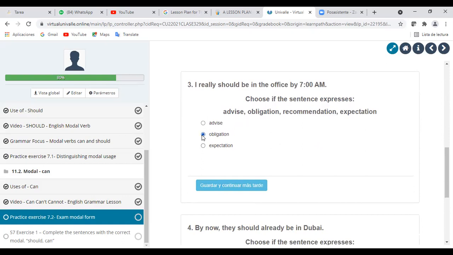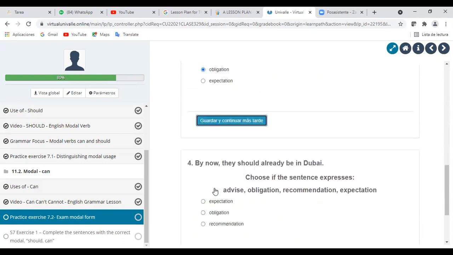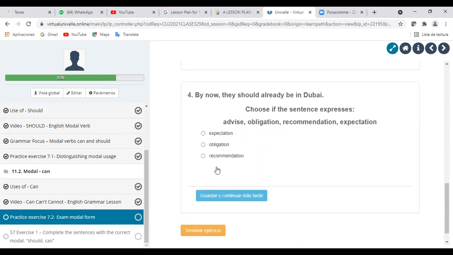This is, let's say, an obligation. Number four: by now they should already be in Dubai. Expectation, obligation, recommendation? Let me see. Let's say this is an obligation, okay?